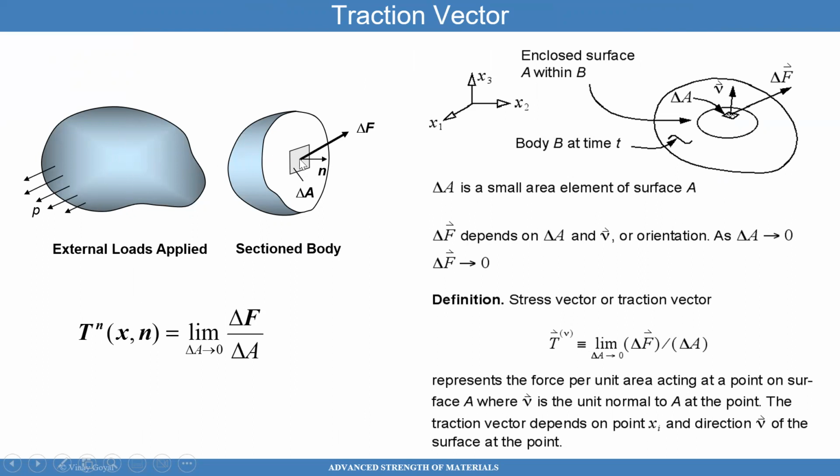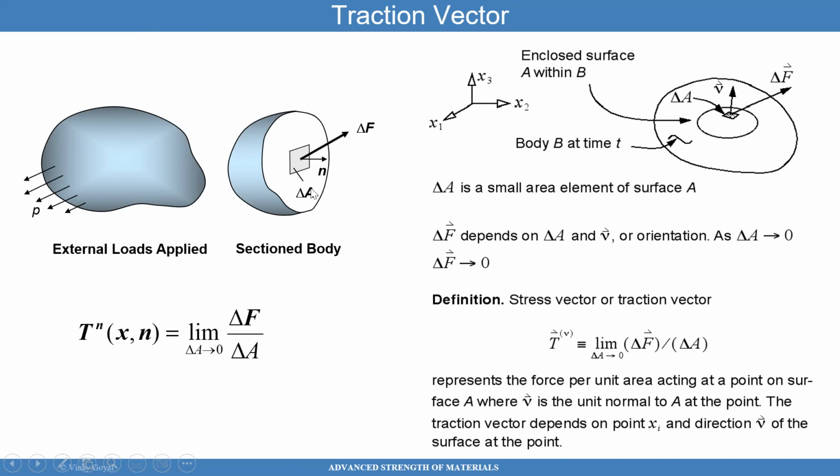After I do a cut, I look at a little piece, delta A, a small area, which has a normal n, and there's a traction force acting on that particular delta A. The delta F is acting on that particular little area there. If I take delta F divided by delta A, and I make delta A go to 0, I'm going to call this a traction.